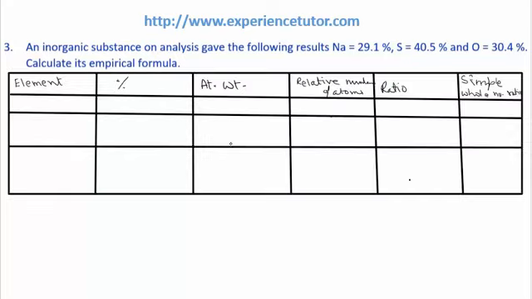Now let us fill up the table with the given information in the question. Now this is Na, this percentage is 29.1, atomic weight is 23, relative number of atoms is equal to 29.1 upon 23, which is equal to 1.265.